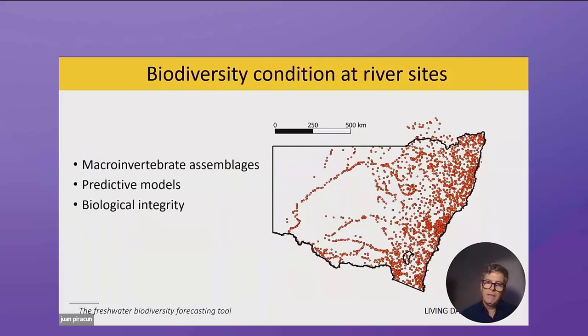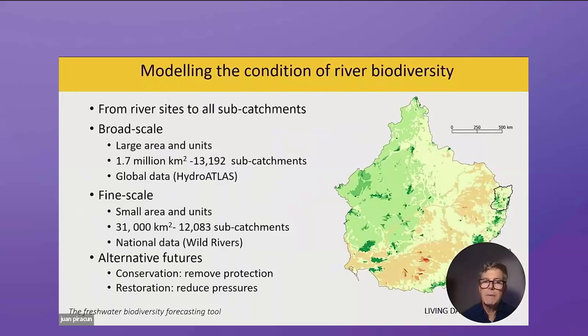At the core of this is macroinvertebrate data we collected from over 3,300 river sites over a period of about three decades. And we use predictive models to assign a biological integrity score, a biodiversity condition score, at each sampling site. And then we use this to extrapolate condition across the entire area that the tools cover. So we have 2 tools at 2 spatial scales.